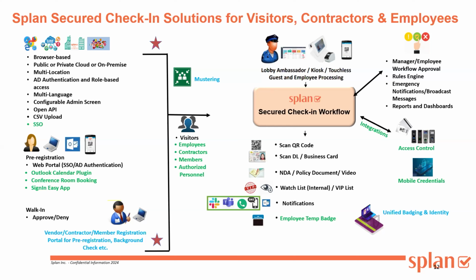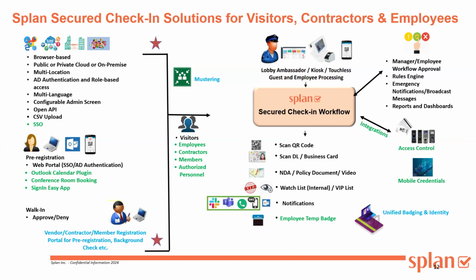SPLAN can be your single source of truth in identifying badge requests, right? Why did someone get an access level? Who determined that? Is it the correct access level? SPLAN can manage that process from hire to retire and everything in between.